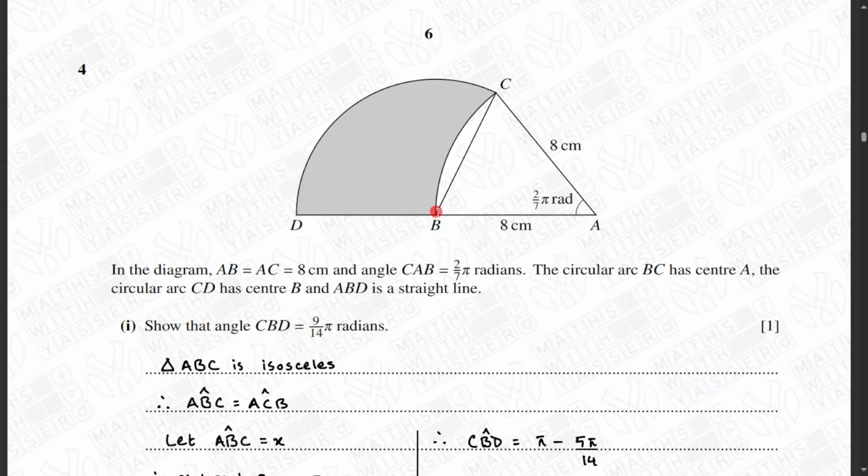That means if B is the center, BC and BD are the radius of this sector. So if I manage to find the radius, then I can also find the arc length, because we already know the angle CBD. And the cosine rule can be used because we know these two sides of the triangle ABC. We also know the angle. All we need to do is find CB.